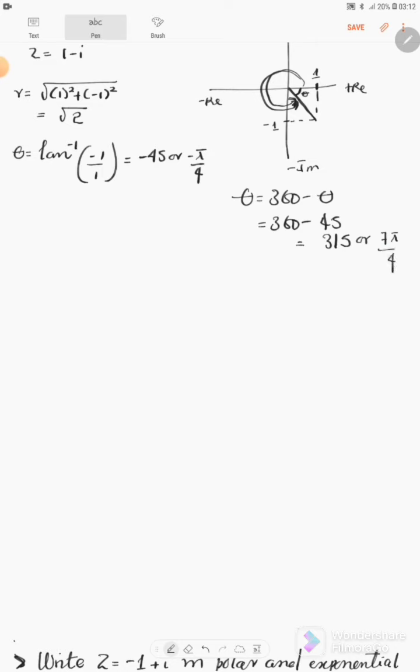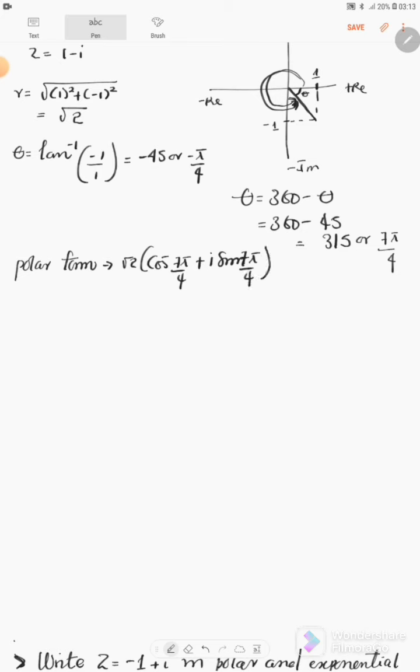So therefore, to polar form, we have our r as root 2 open bracket cos theta, which is 7 pi over 4, plus I sine 7 pi over 4.